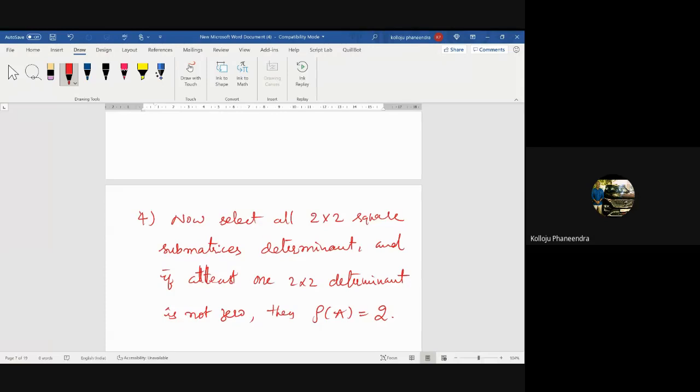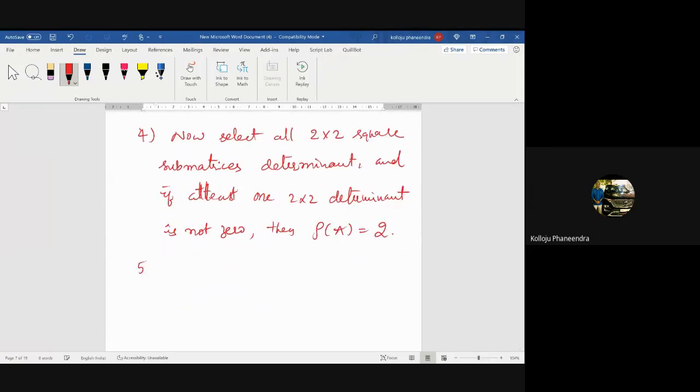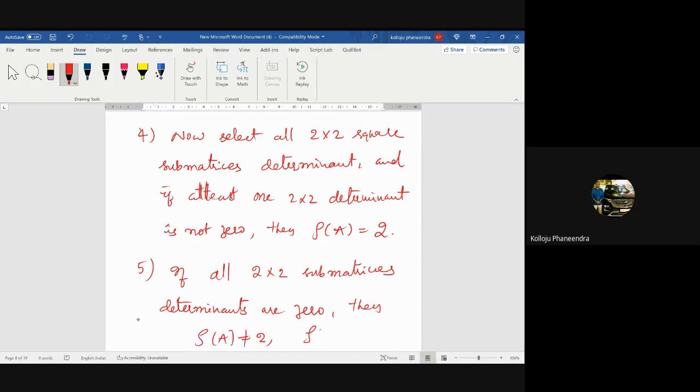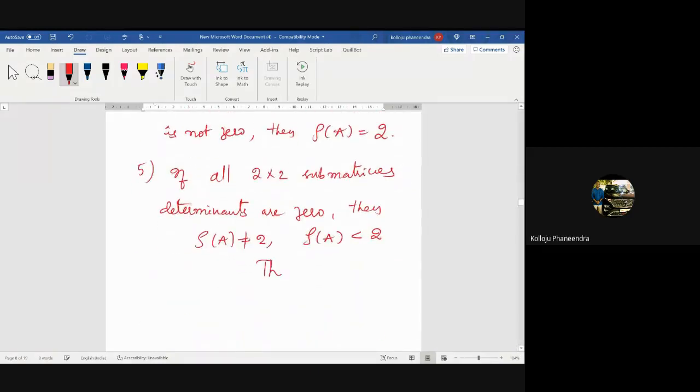Next, another condition. If all 2 by 2 submatrices' determinants are 0, then what is the rank of A? Not equal to 2. Rank of A is less than 2. And less than 2 means, obviously, how many rows will exist? 1. This is the final answer.